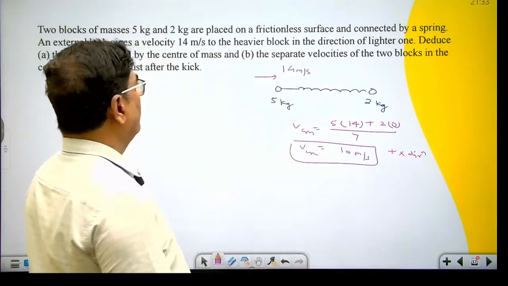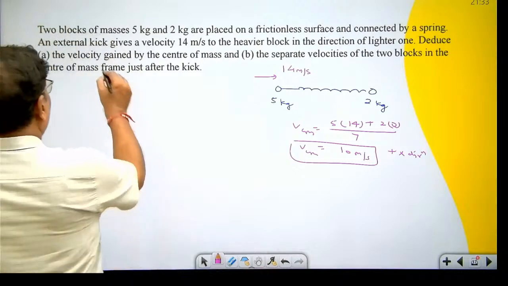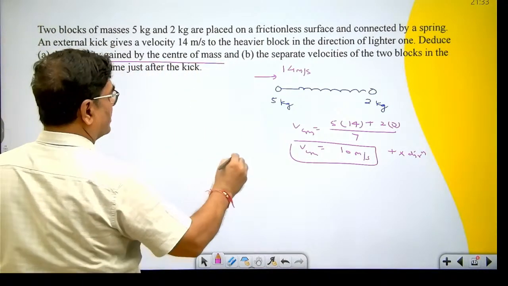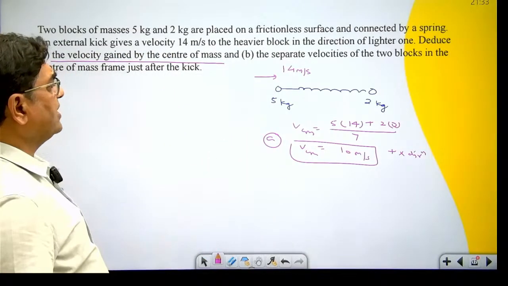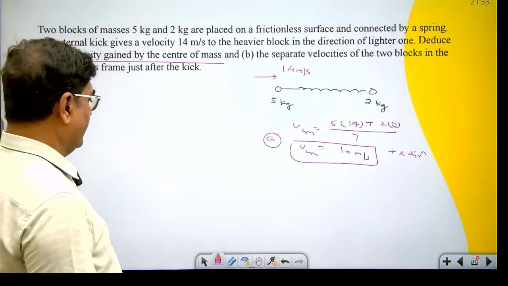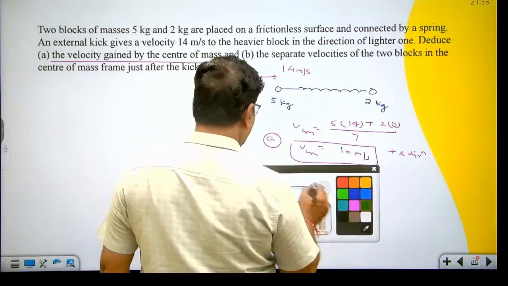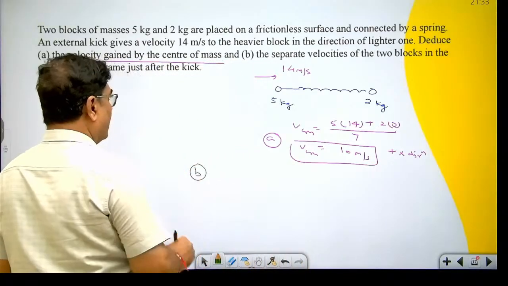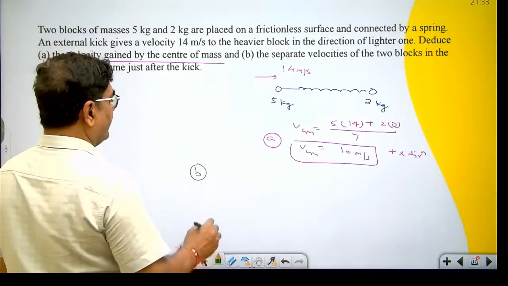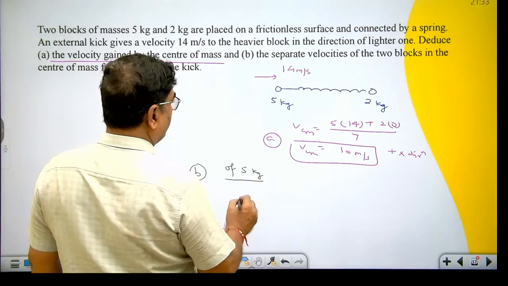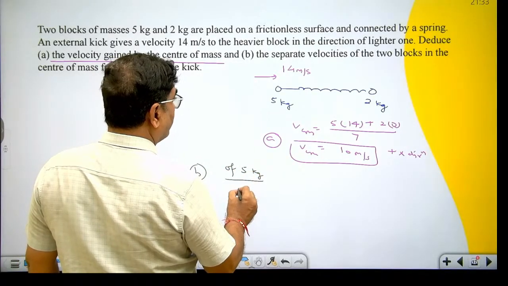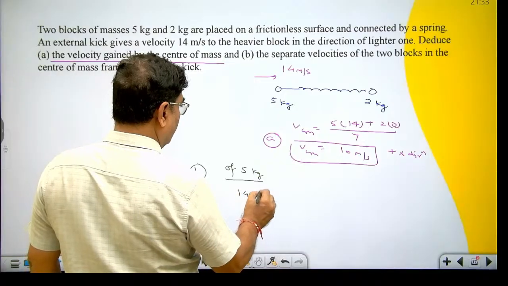Now what is being asked? Velocity gained by center of mass. So this is the answer of part A. Separate velocities of the two blocks in the center of mass frame. Okay, in center of mass frame means what? The answer for part B. Velocity of 5 kg block in center of mass frame equal to velocity of 5 kg minus velocity of center of mass.